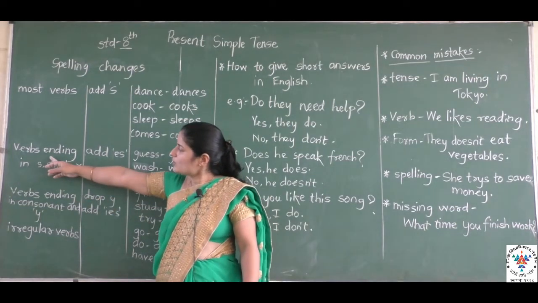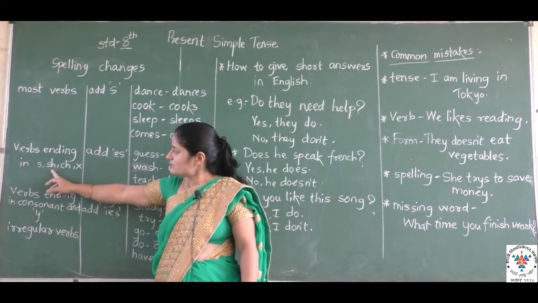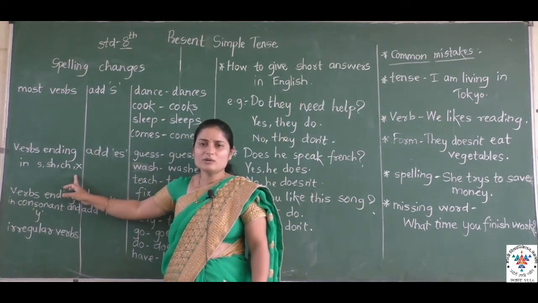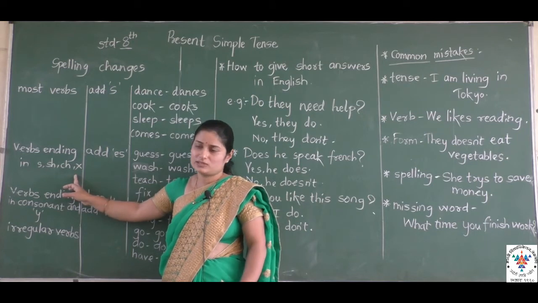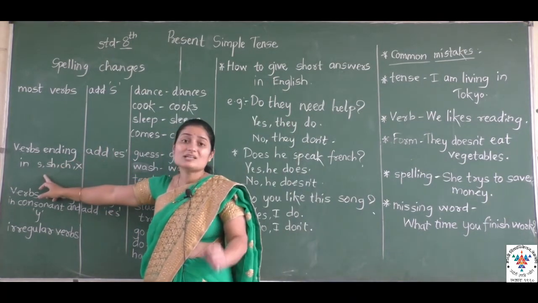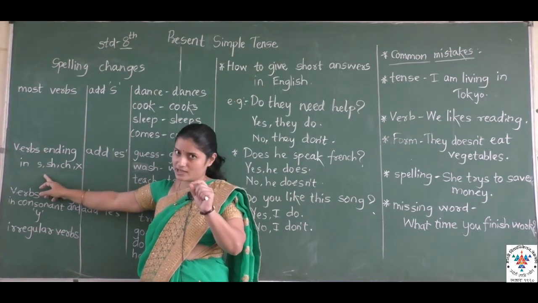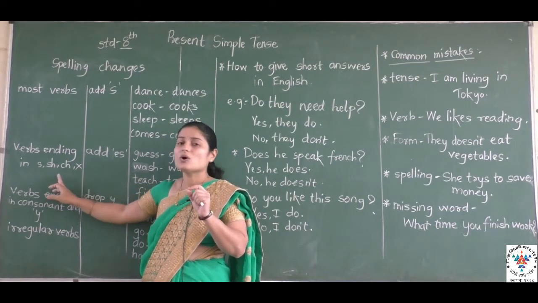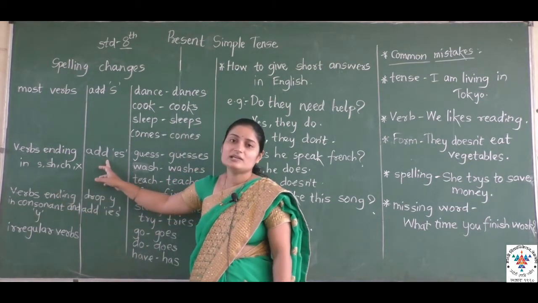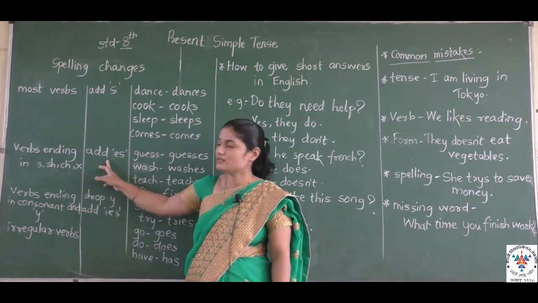Next is verbs ending in s, sh, ch or x. If the last letter of the verb is s, sh, ch or x, that time you should add es to it.